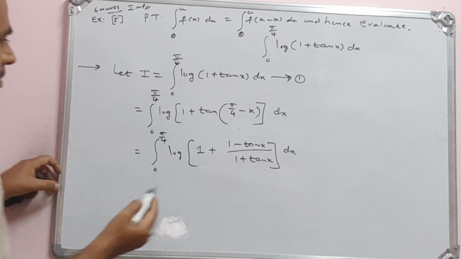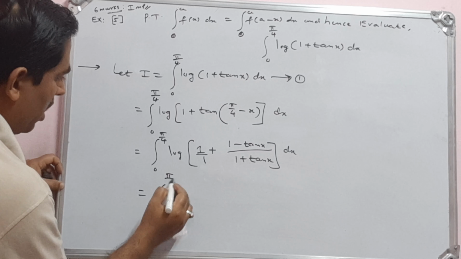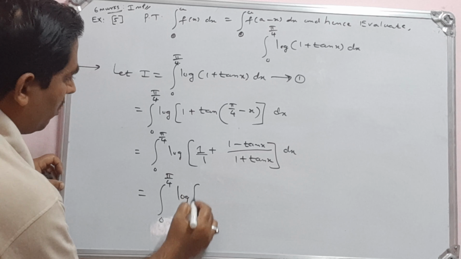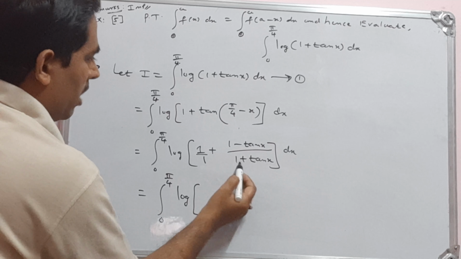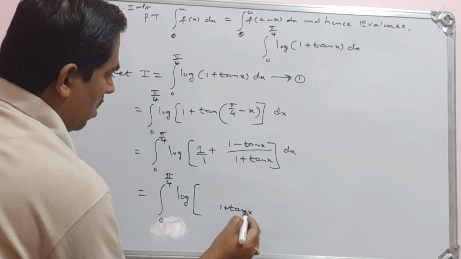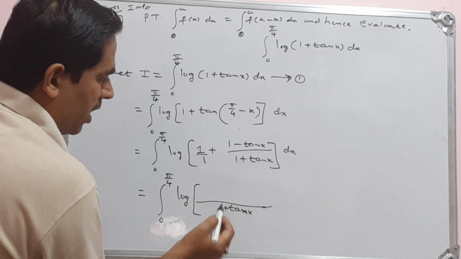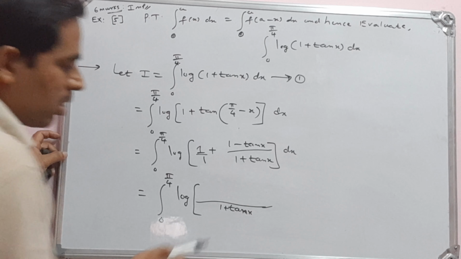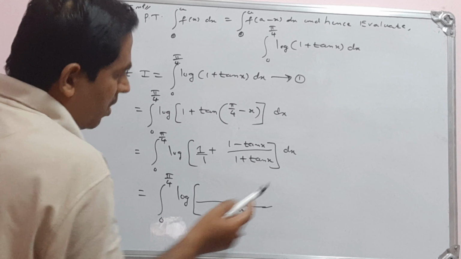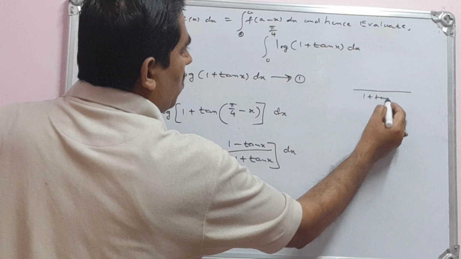Then let us continue this. Write it as integral from 0 to pi by 4 of log of, taking the LCM, 1 plus tan x is the LCM. The denominator is no problem, 1 plus tan x.